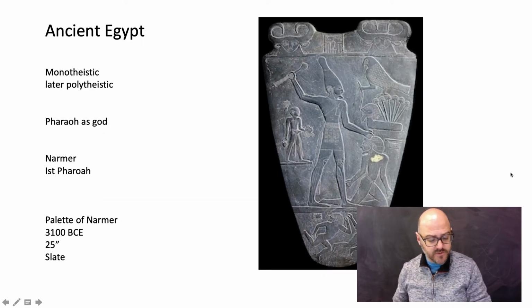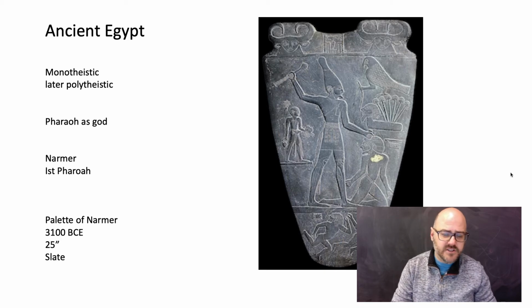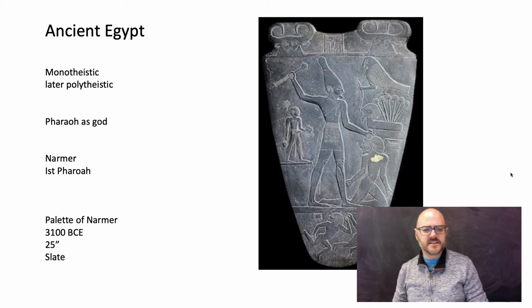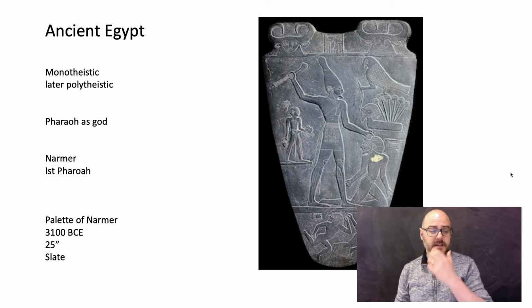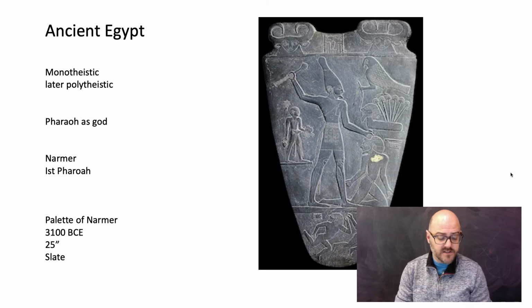Switching gears and moving to Egypt, around the same time that art and societies were becoming more advanced in Mesopotamia, there was also a development of the ancient Egyptian civilization. Ancient Egypt was at first monotheistic, and then later, in its most well-known variation, was polytheistic.